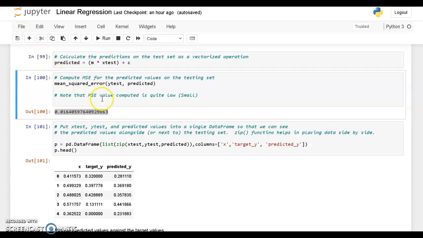One important thing to note is the mean square error for this RM value. The mean square error is 0.0164. Let's compare it to before.